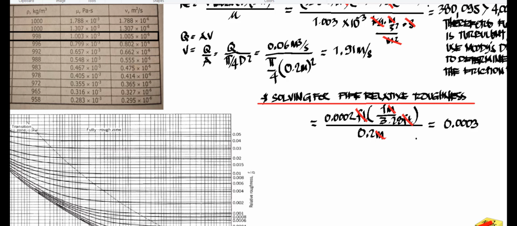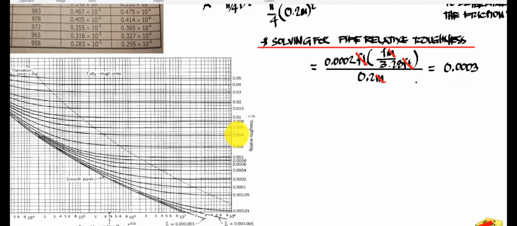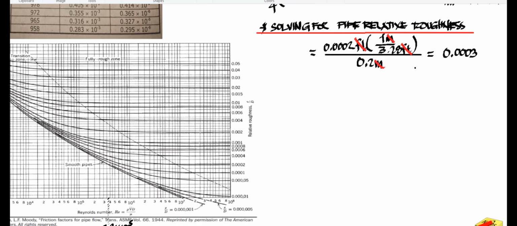Then using our calculator, we have the value of 0.0003. Plotting this value, you'll notice we have 0.001, this is 2 and this is 4, 6, then 0.003. So we can predict that the value lands somewhere around here.